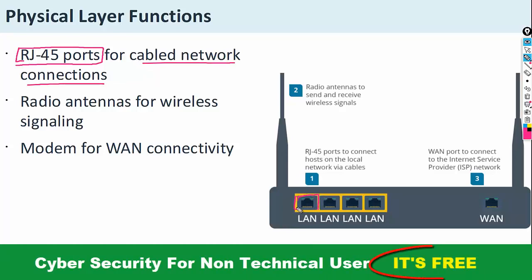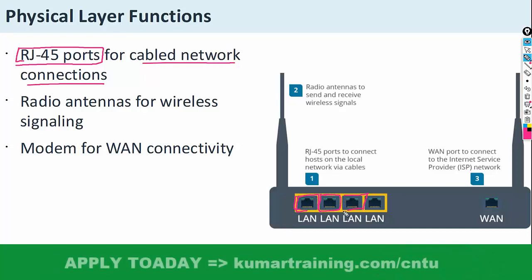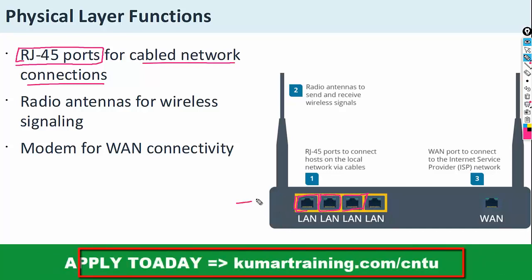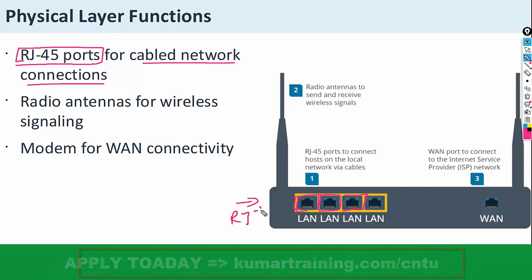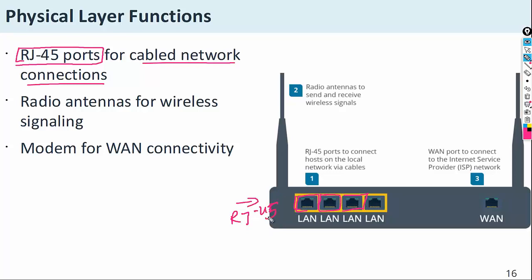There is a female connector which allows the male RJ45 connector to be plugged into it. On the other side is a cable, and this cable is connected with your desktop.